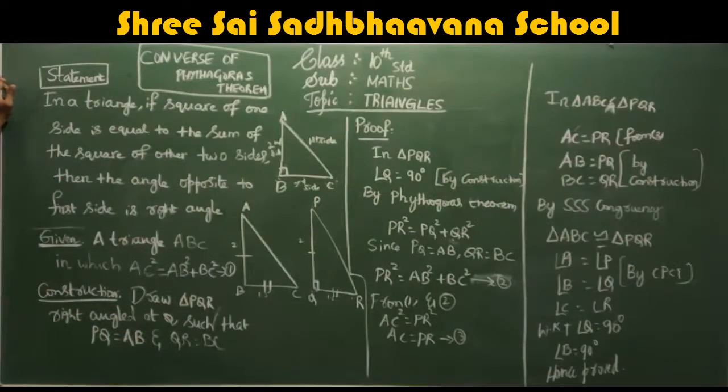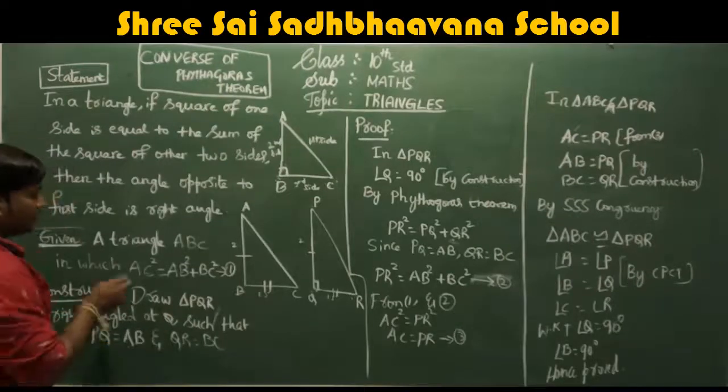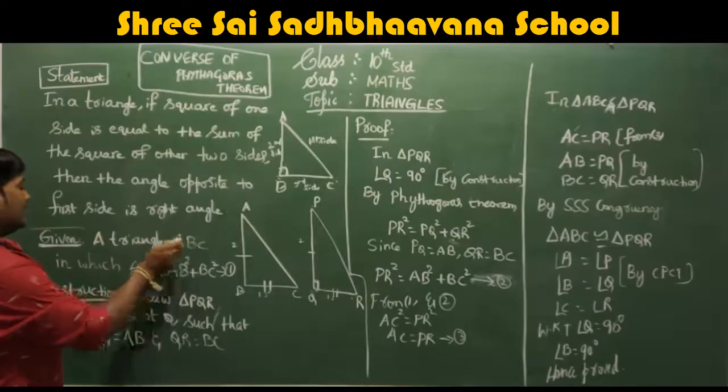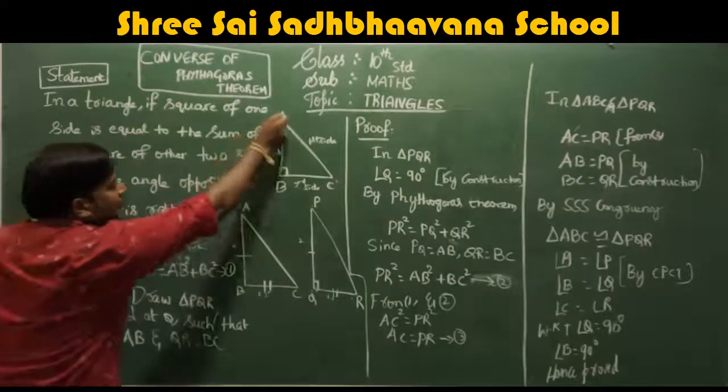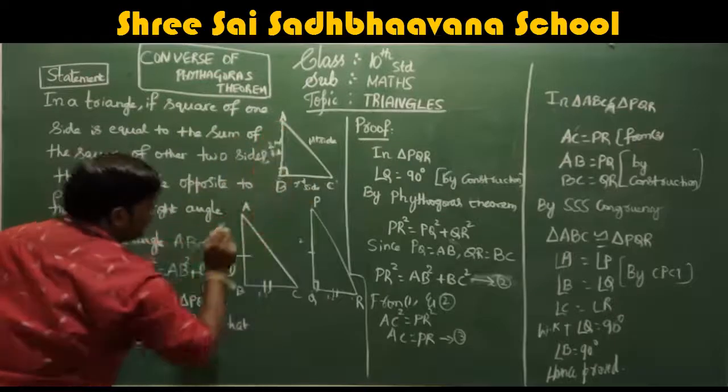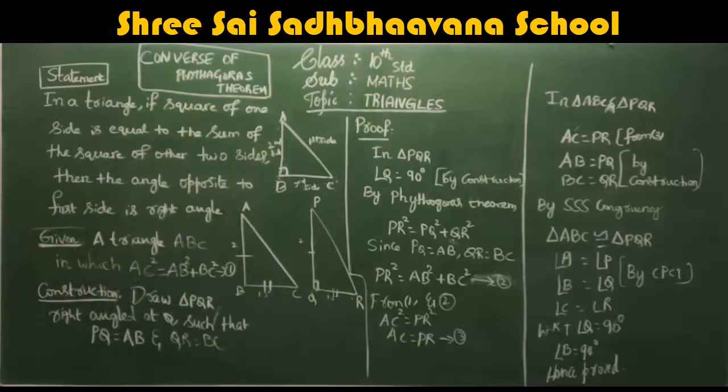So what are we taking? It's not an assumption, it's given: a triangle ABC in such a way that AC square is equal to AB square plus BC square. Take this as equation 1.